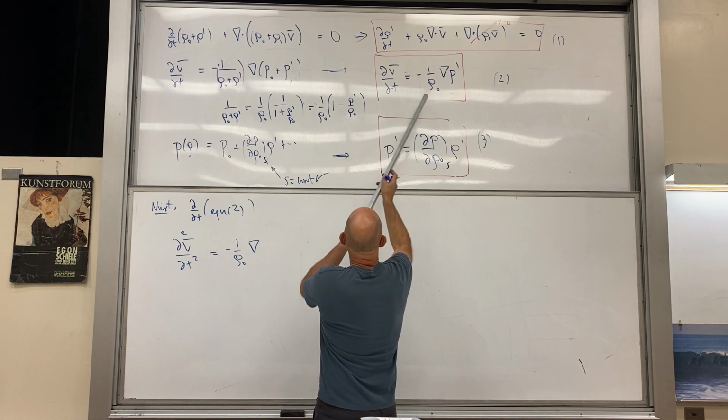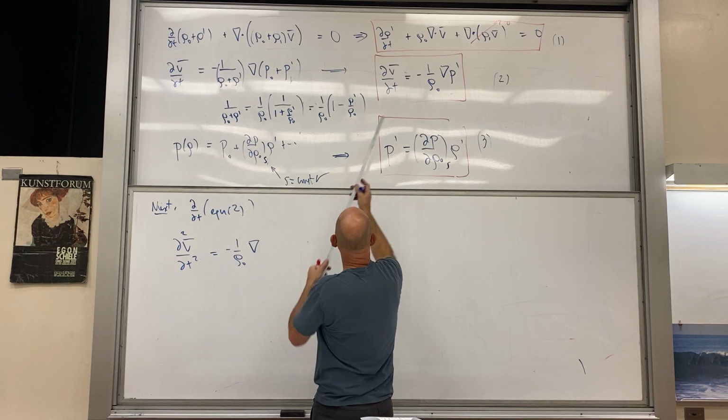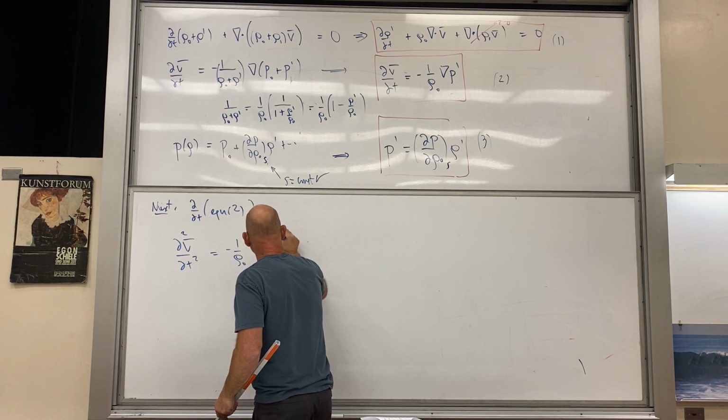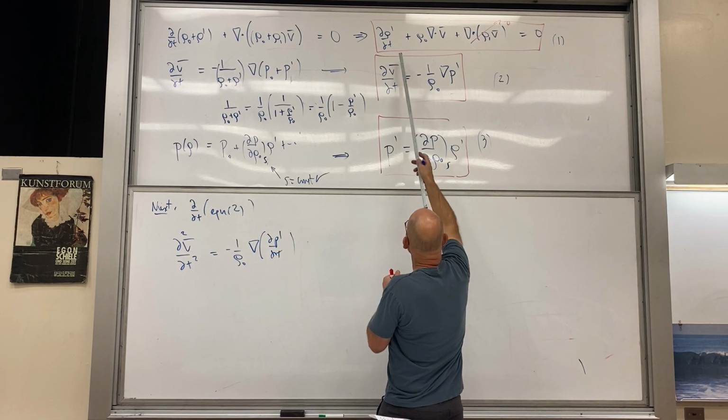So gradient of dp prime dt, because we've differentiated with respect to time. Let's just do that. The next thing we're going to do is plug in dp prime dt.